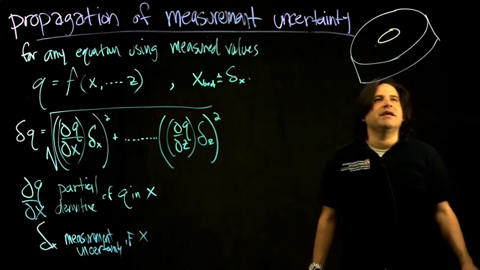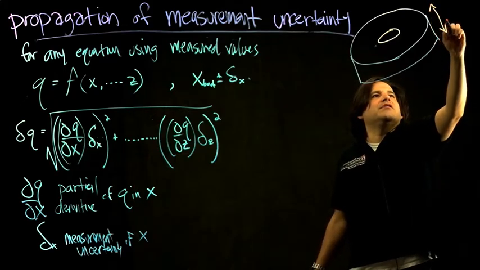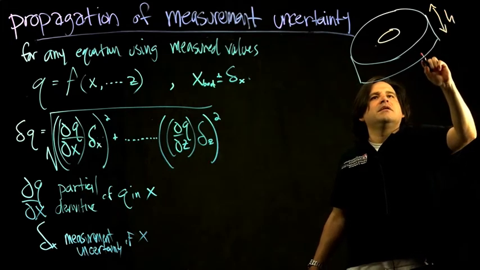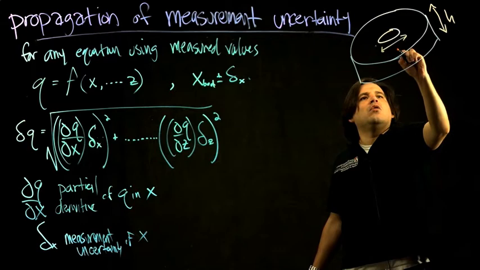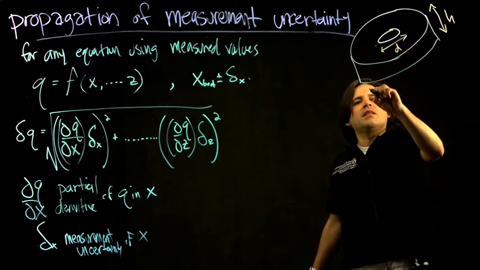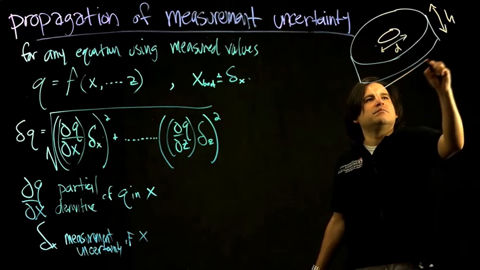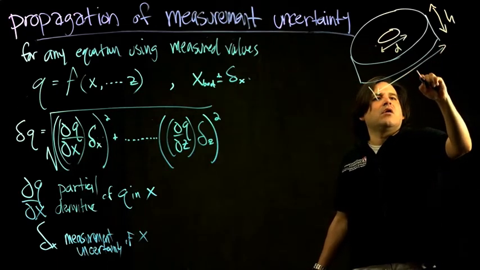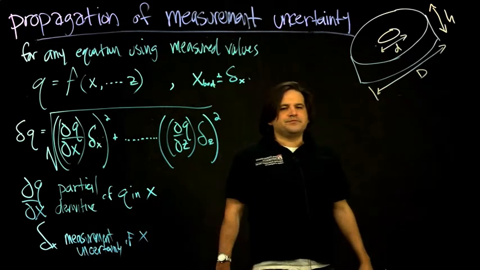So if we can measure the height of this donut, and the diameter of the hole, let's call this little d, and the diameter of this bigger ring, call this big D, we can get the volume of the donut.